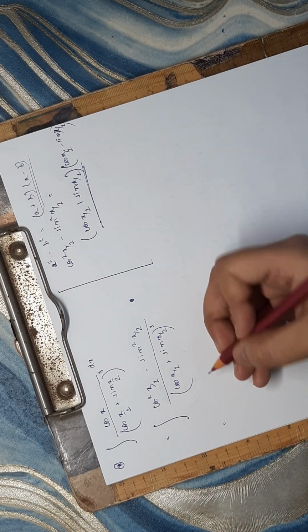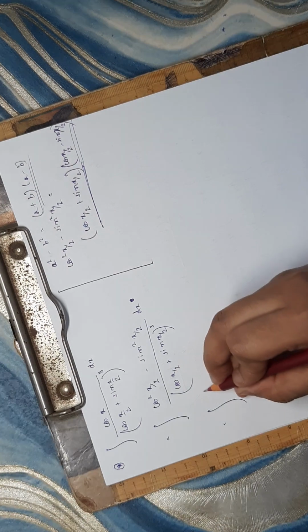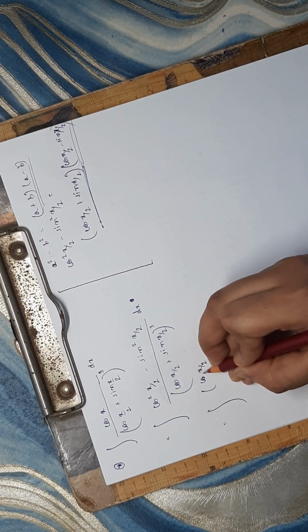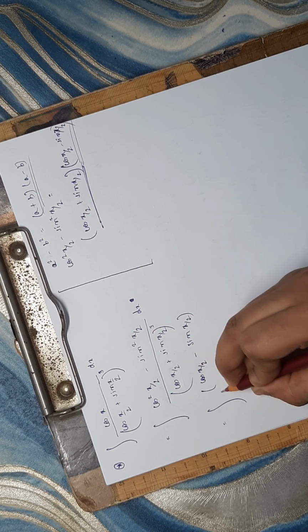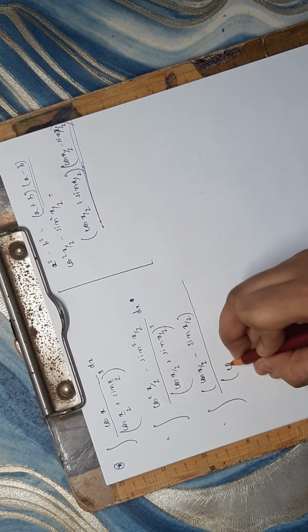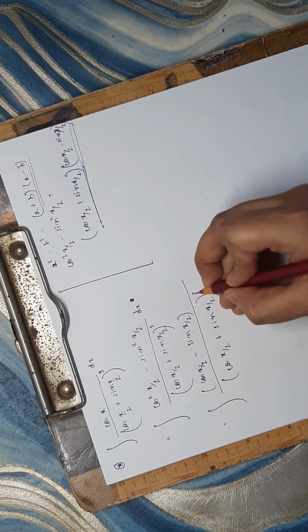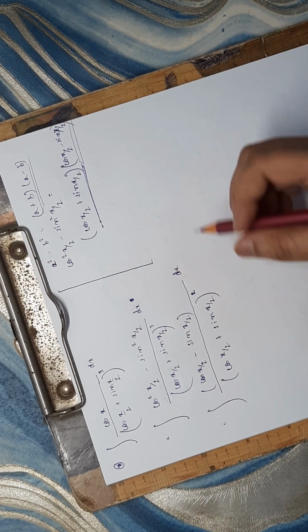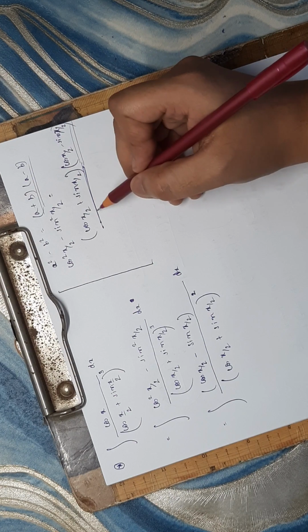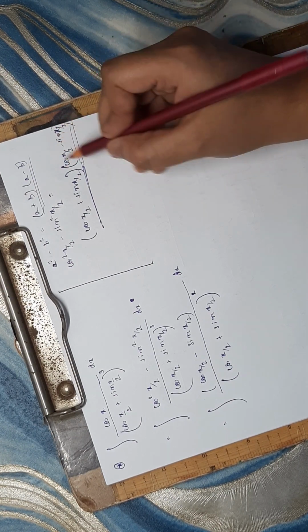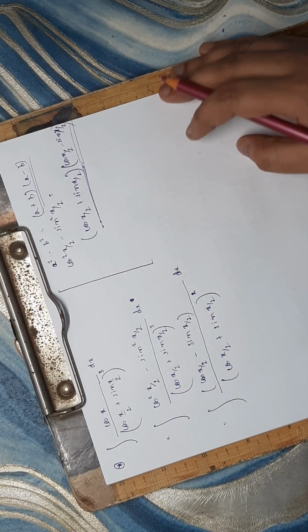What we will be left with is this part in the numerator, and in the denominator we will be left with this part, the square, because one portion has been cancelled. So we will be left with this one in the numerator and the square part in the denominator.